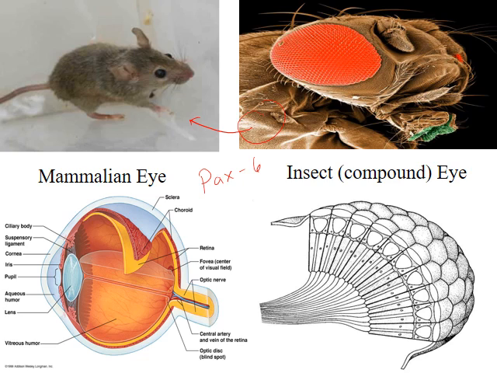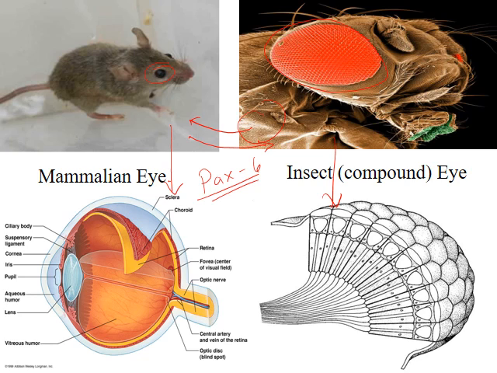What they found is the mouse came out perfectly fine. It developed a perfectly formed mammalian eye. And then when they took the PAX6 gene from a mouse and put it into the insect at the same developmental time when the insect was developing to maturity, it developed a perfectly normal insect eye, meaning PAX6 has the exact same functions in mammals as it does in insects.